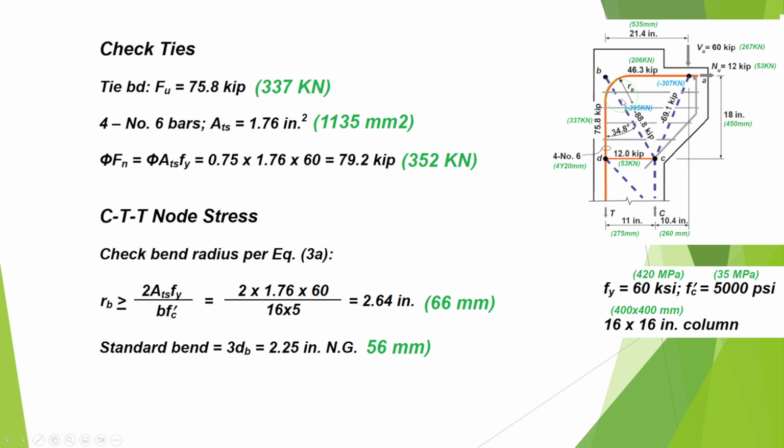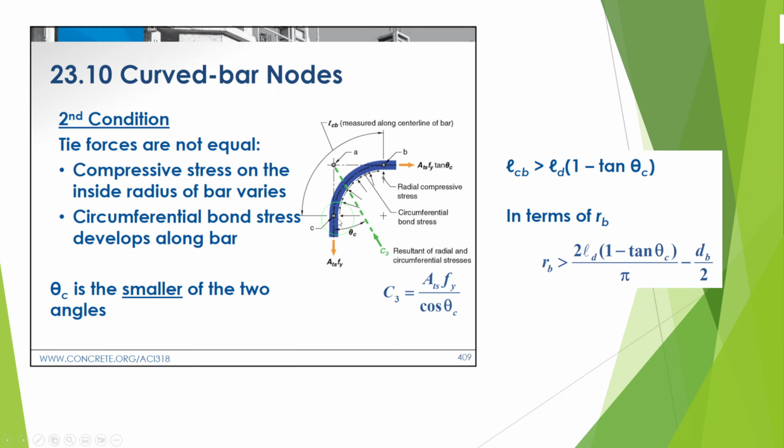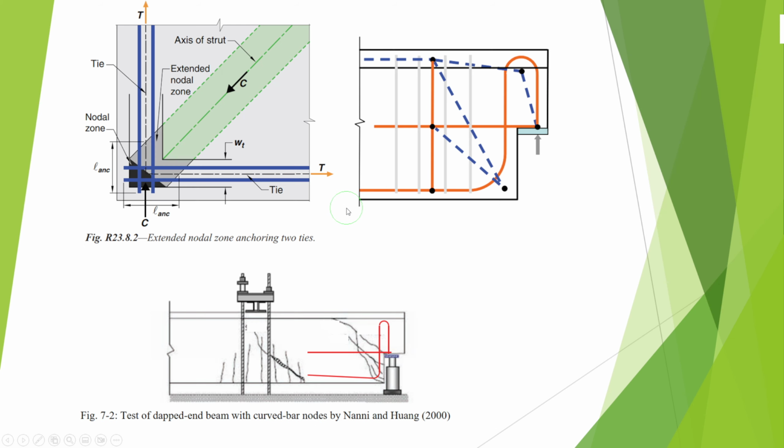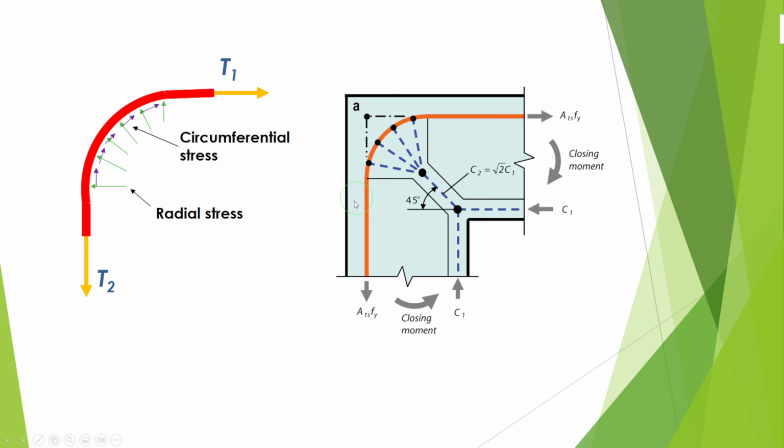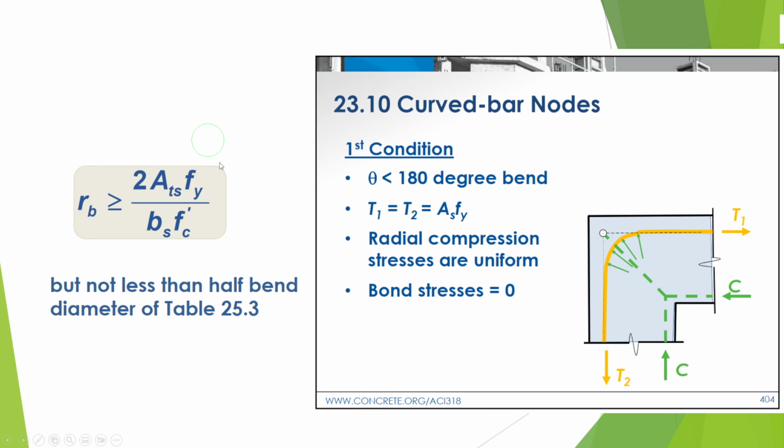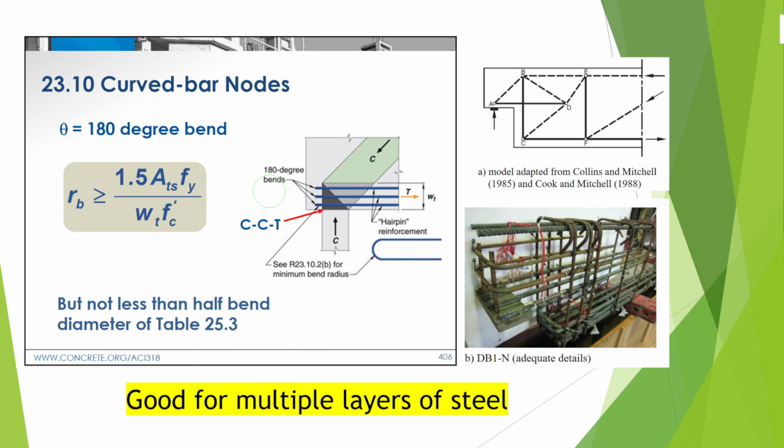Okay, now we need to calculate the minimum radius. First of all, we will calculate using CTT node stress. This is the first formula. Now, what we will do, we will use now the radius one time using this formula, if we assume that T1 is equal to T2, for example.